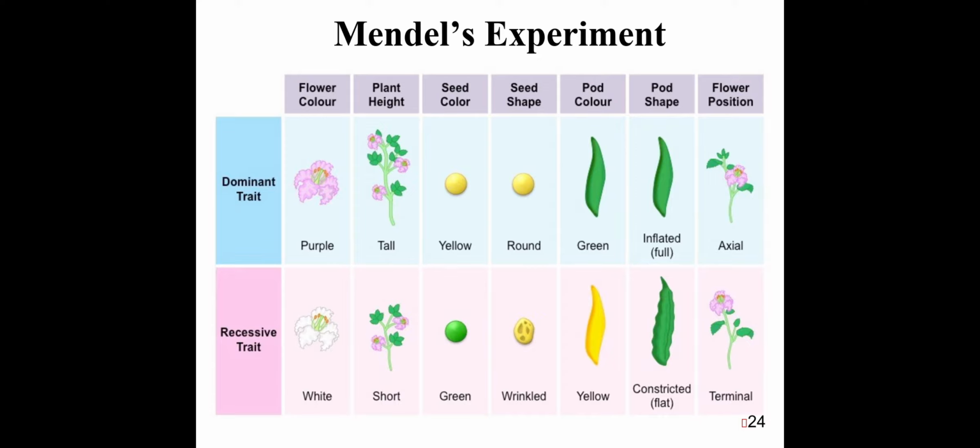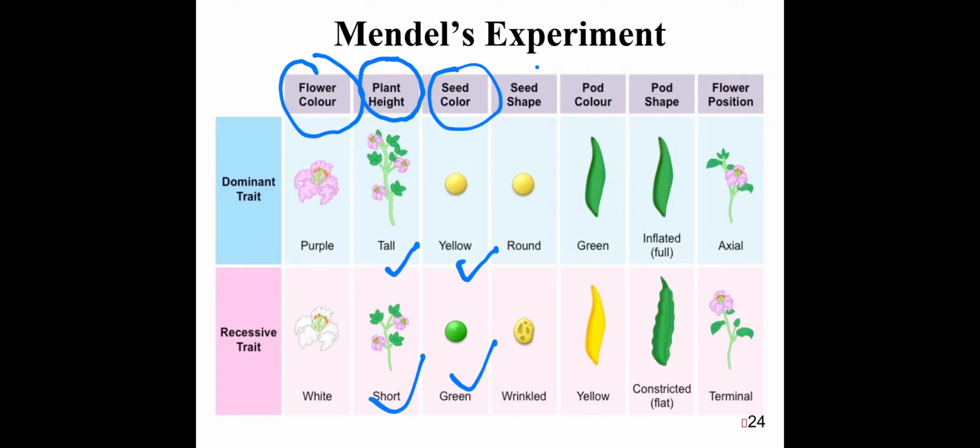These are the characteristics that Mendel observed based on the pea plant that he grew over a few generations, which are flower color, plant height, whether it's tall or short, seed color, yellow and green, seed shape, pod color, pod shape, and flower position.